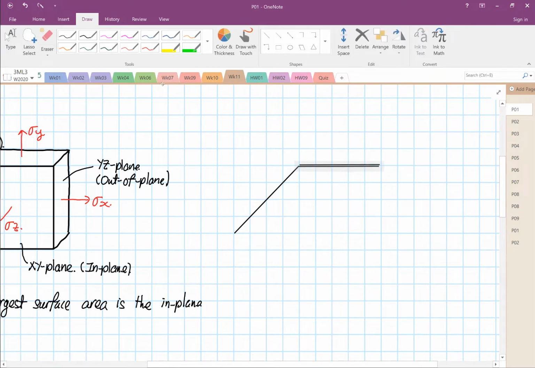So our cube is oriented in this direction now. As you can see, I think some of you know where I'm heading with this now, right? So this is our cube.